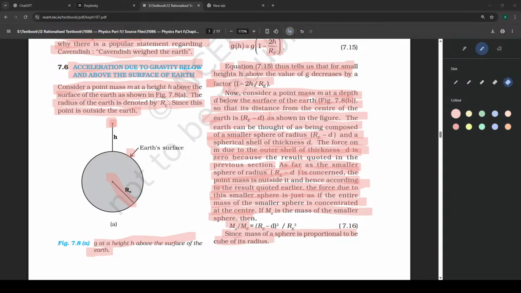These are the same, so they cancel as a constant. There is also a rho here, but since the density of the earth is considered uniform, both are the same and will also cancel. We will get (Re minus d) whole cube by Re cube as the ratio of their masses.